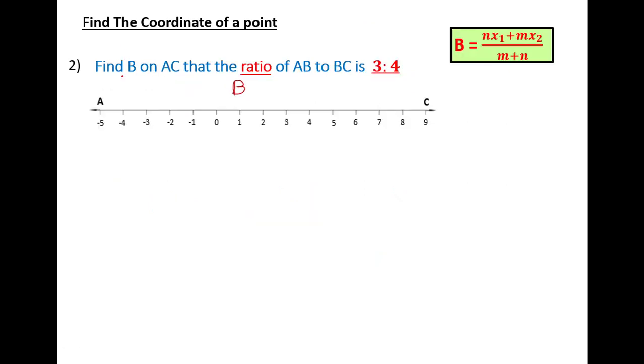Now, here I have a different form of question. Find B on AC such that the ratio of AB to BC is 3:4. He wants me to find B, which is something between A and C, and I can put it anywhere now. And it has a ratio, the word ratio, equal to 3:4 from the first point.